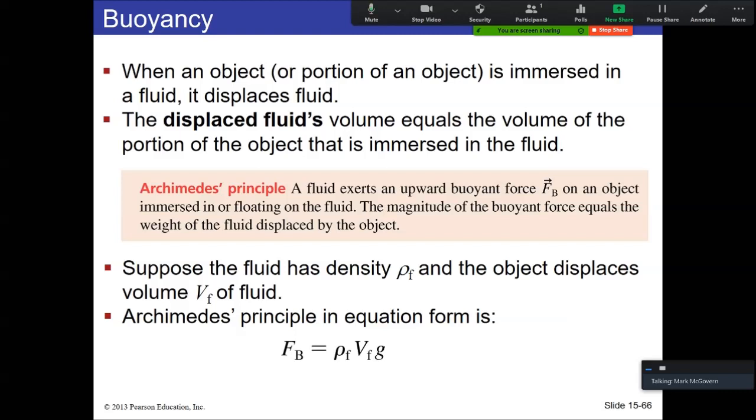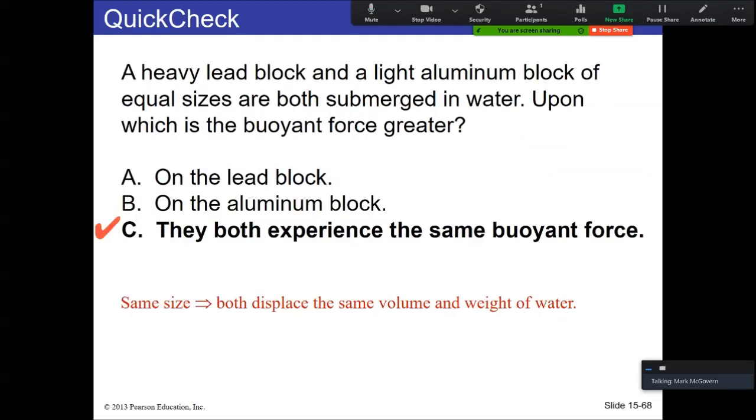Obviously, that will be the same volume as the object itself. And of course, the fluid is water. It's whatever the density of water is. So buoyant force will be the same for these two things, right? Now, there's some difference between the blocks, but in terms of being submerged, the same upward force is exerted on these things because they both displace the same volume of water.